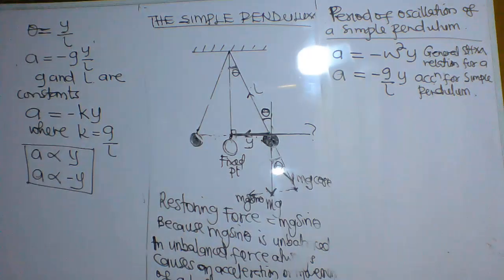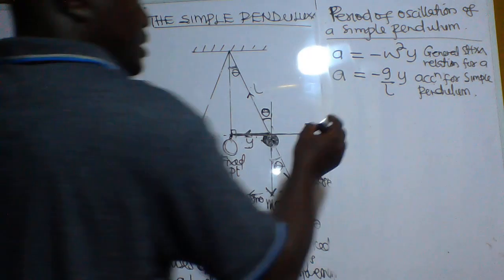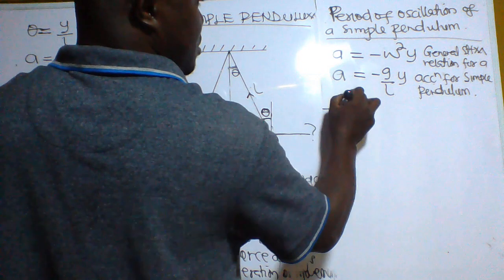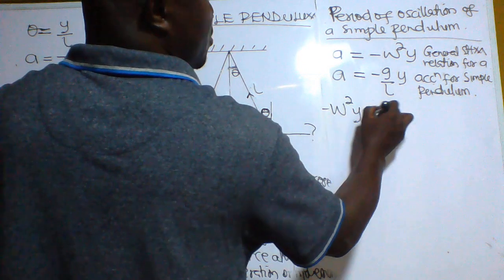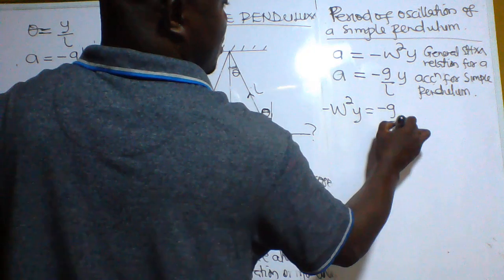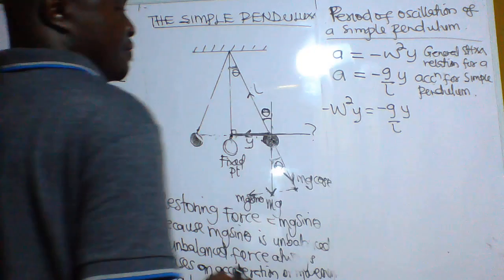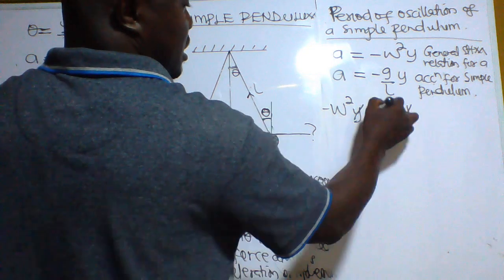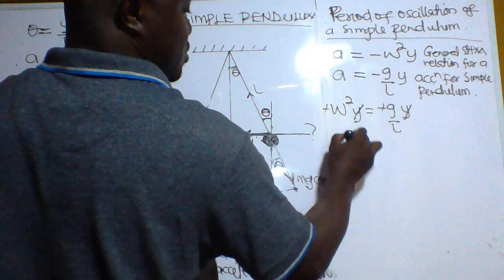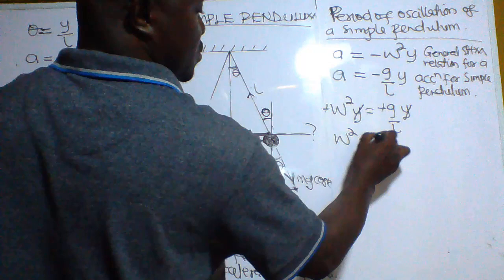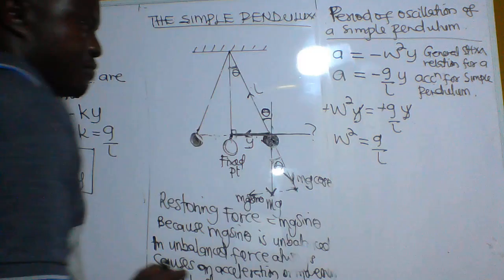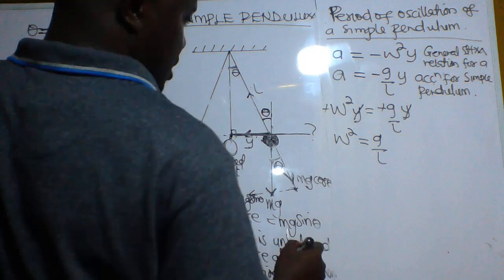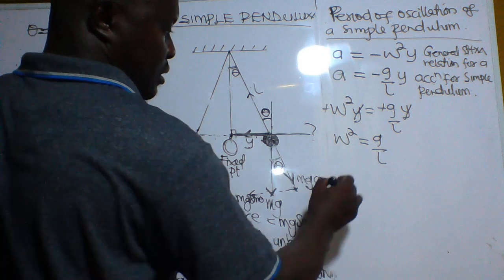But when you compare or equate, we have minus omega squared y being equal to minus g on L y. y will cancel out, and the negative will also cancel, giving us omega squared is equal to g on L. If omega squared is equal to g on L, then what is omega?